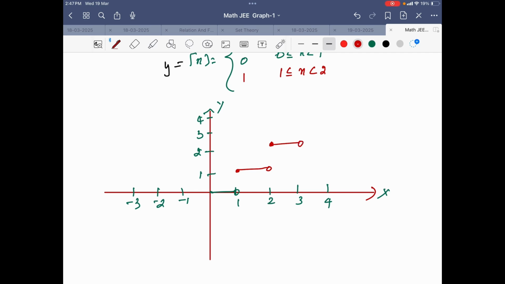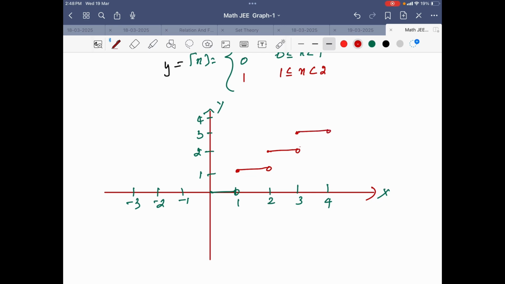Okay, 3. And for 3 to 4, it is 3, right? But when you take 2 to 3, it is 2 only, no? You have to draw clearly. So 2 to 3 is this one, right? When you take 3, it will go like this.